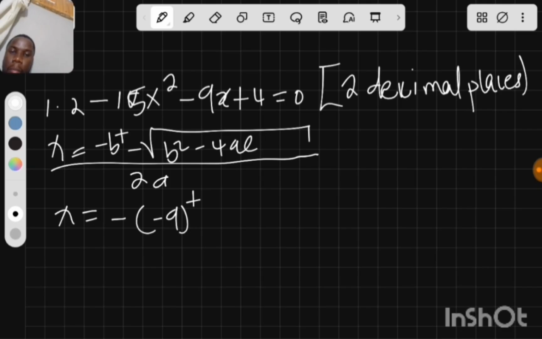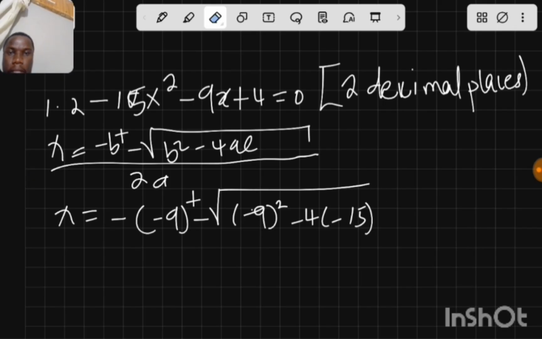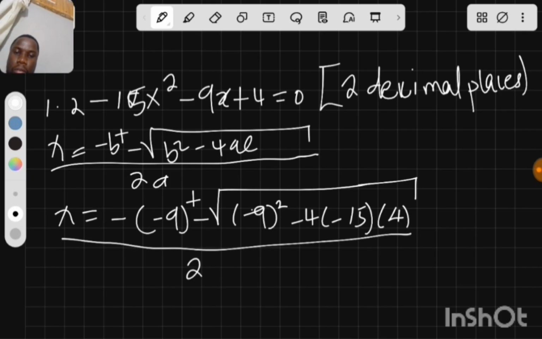The square root of minus 9 all squared minus 4 times our a, which is the one with x squared, minus 15, times our c, which is the one with no x, positive 4. Then the whole statement divided by 2 times minus 15.